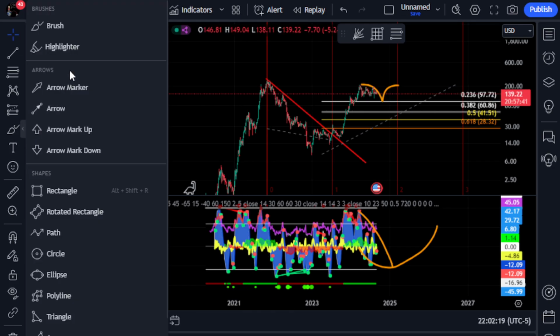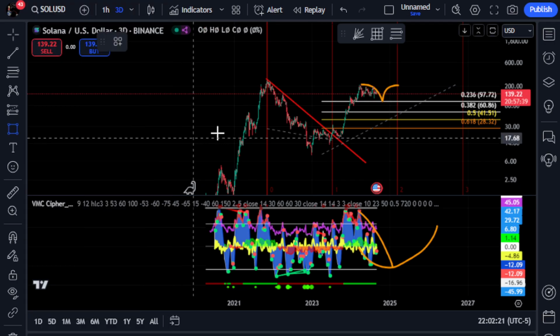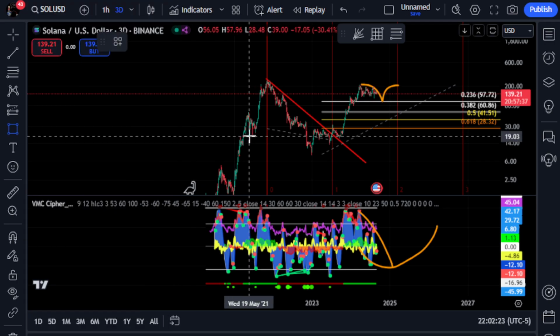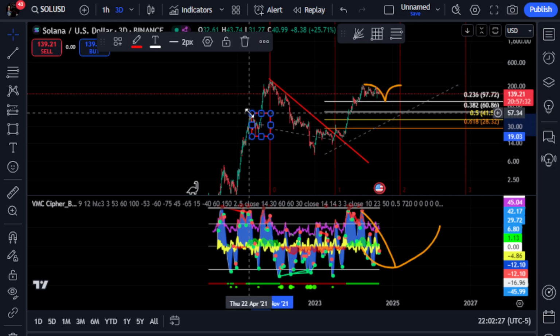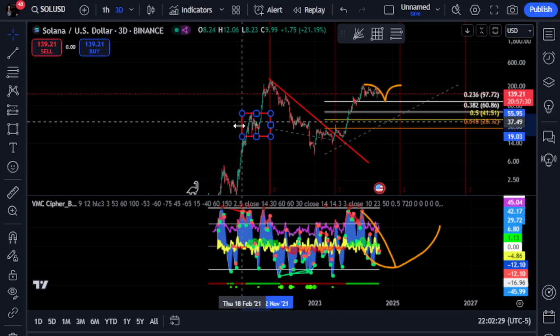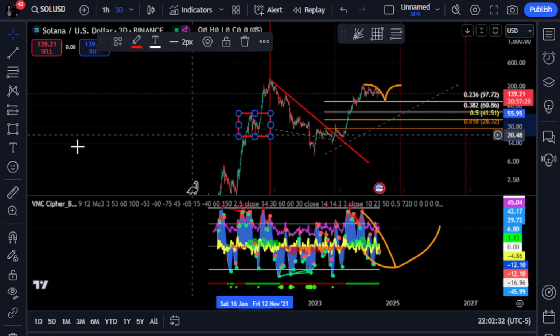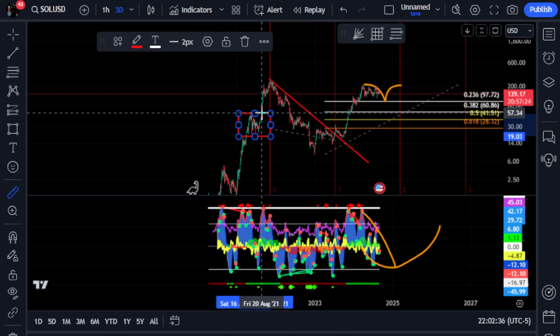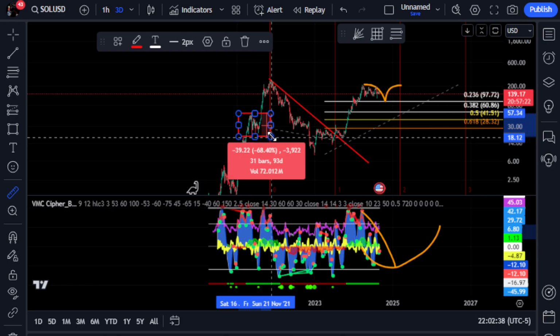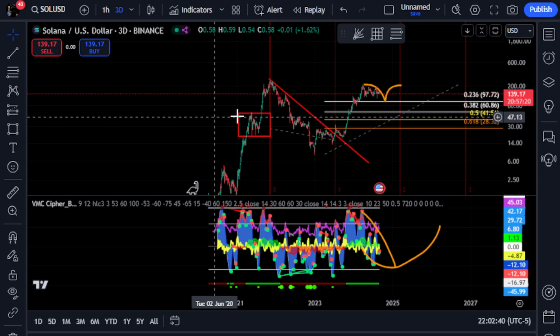So let's grab our rectangle tool and grab just this range once, swing high to swing low. How many percent is that? It's a decline of about 65%.